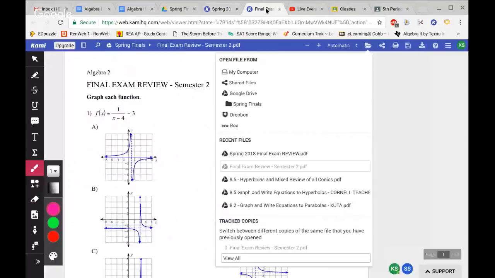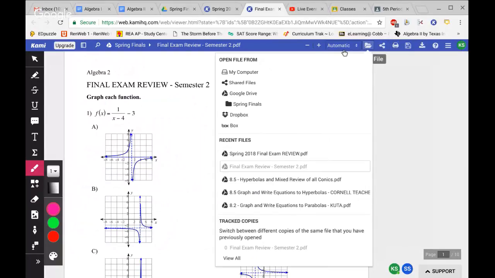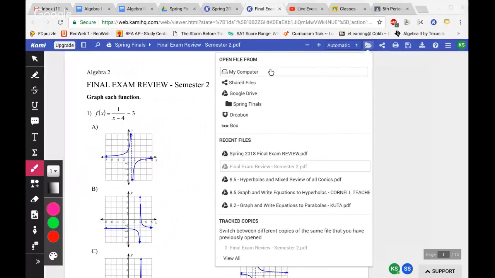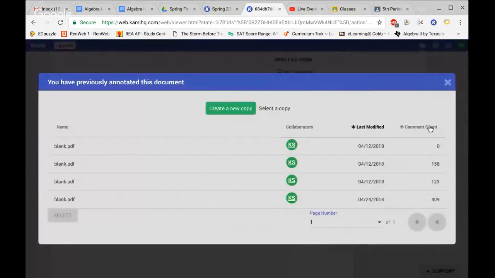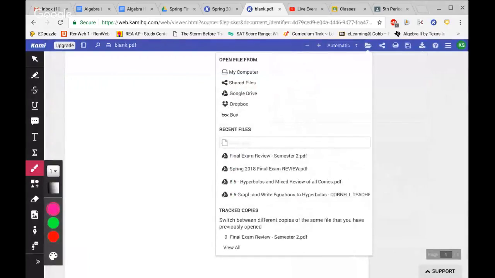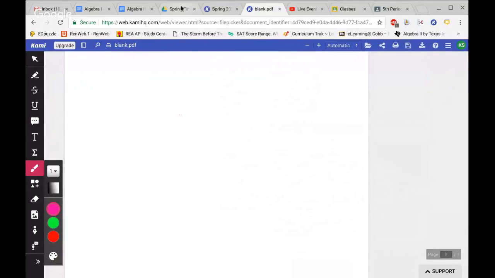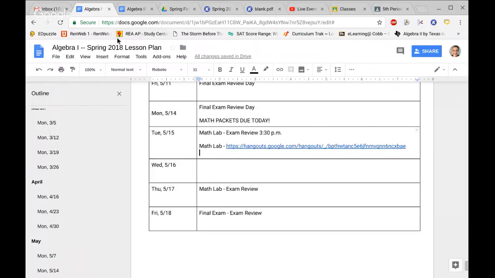Just get a blank piece of paper, and the struggle is real. Please let it be. Okay, good. That's what I was trying to do.